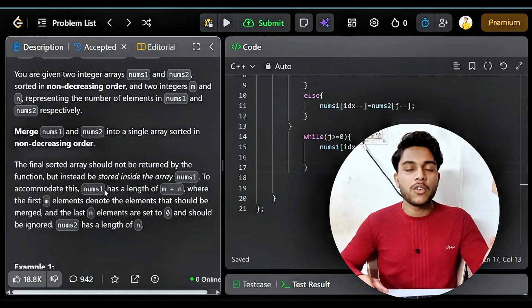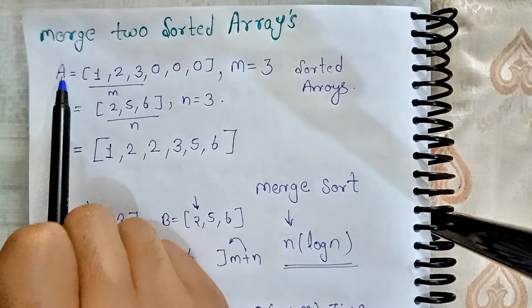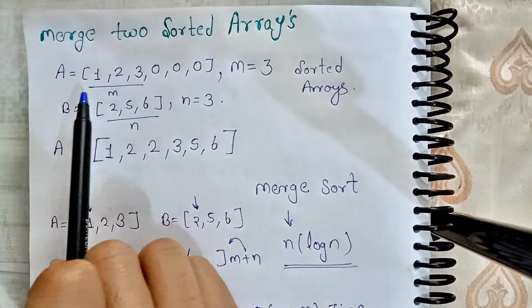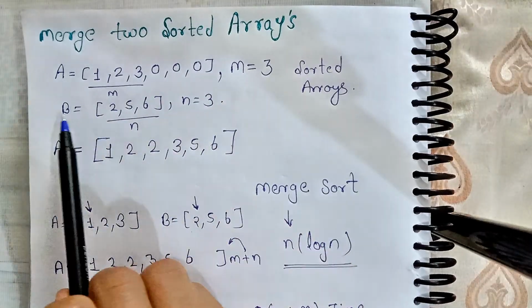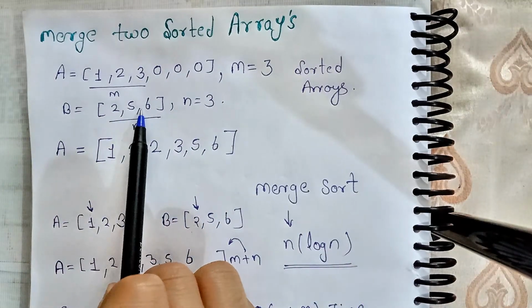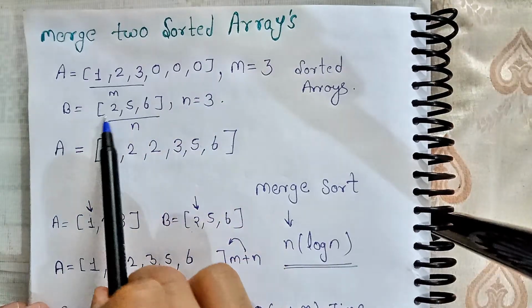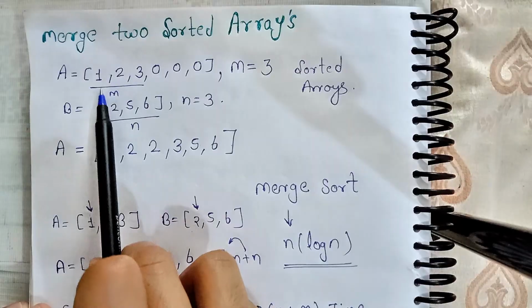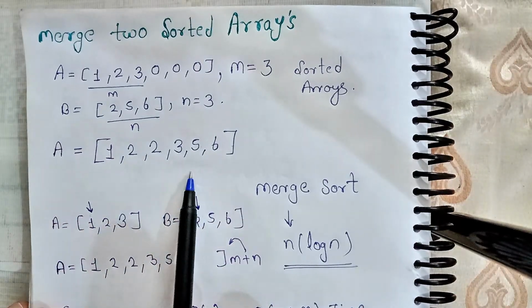So let's move on to the logic. Without wasting much time, let's understand the logic. Here we have two arrays. Array A has three elements, denoted by m equals 3, and array B also has three elements, denoted by n equals 3. We have to store these two arrays' elements into one array.